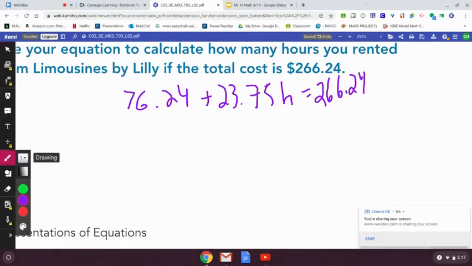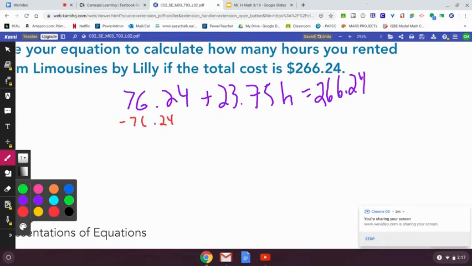And now when we start to solve this, you can start to subtract, undo it, just like those two steps we've been doing. Minus 76.24. We're going to end up with zeros, which is going to be $190.